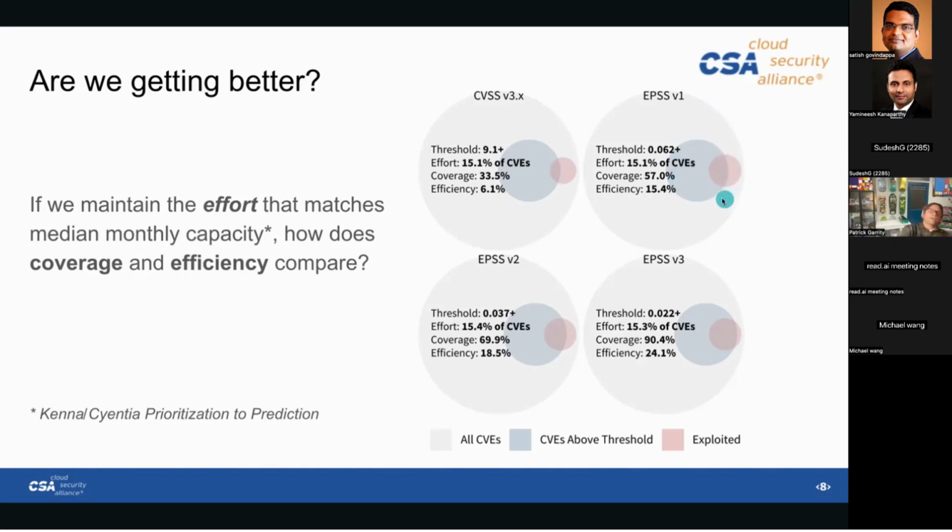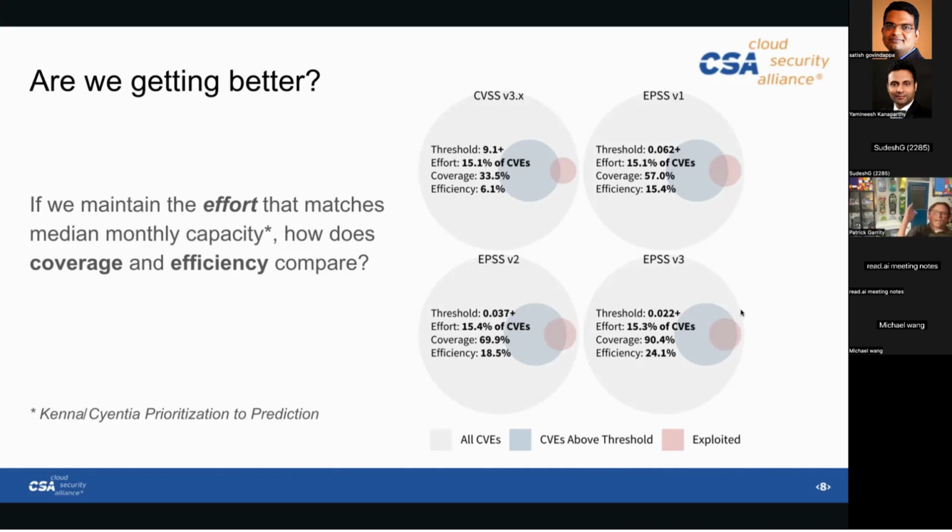And as the protocol has worked on improving the model, you can see continuation of getting better and better coverage of things that are potentially going to get exploited or were actually exploited in this study over the next 30 days.